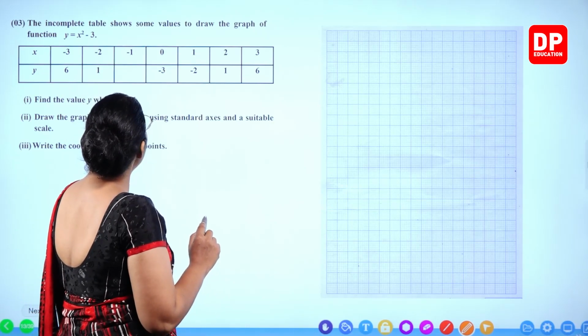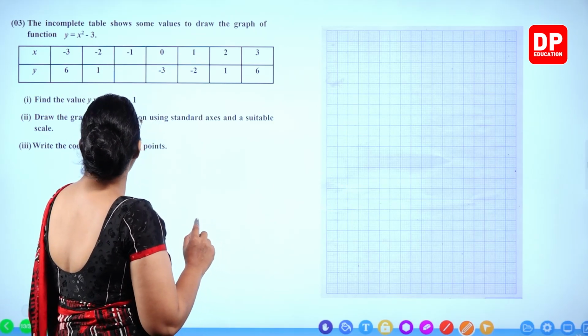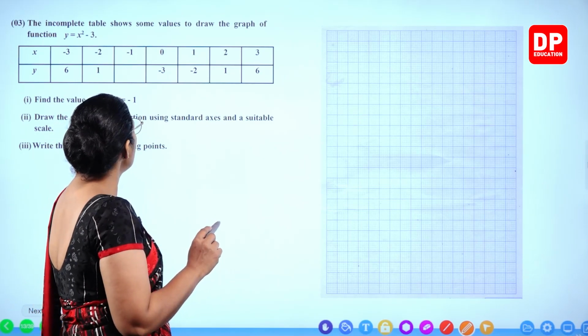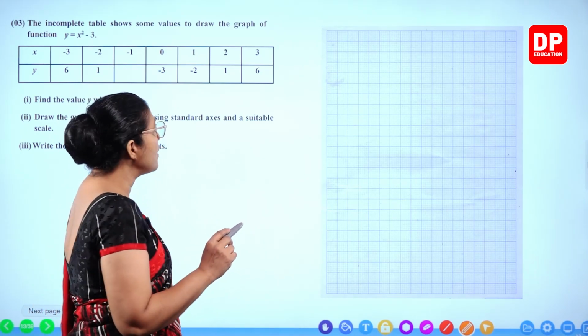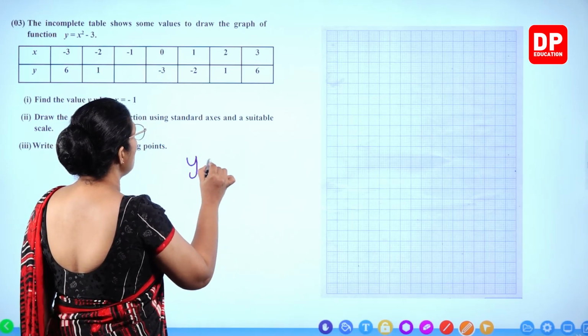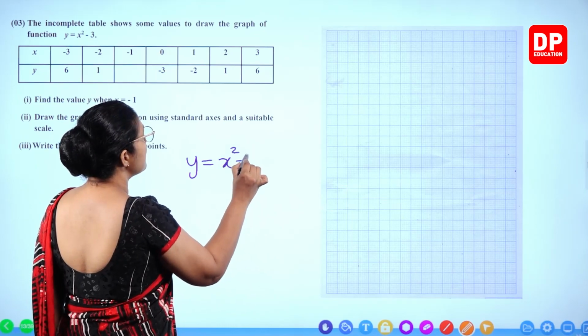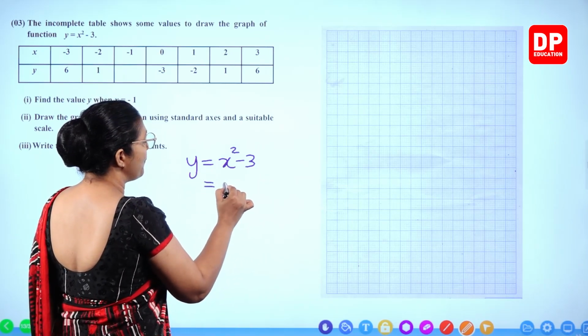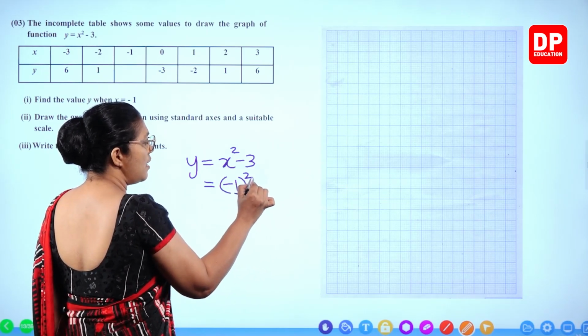The incomplete table shows some values to draw the graph of function y equals x squared minus 3. Find the value of y when x equals minus 1. So you need to substitute. So take the equation y equals x squared minus 3 and substitute x equals minus 1. Minus 1 whole thing squared minus 3.